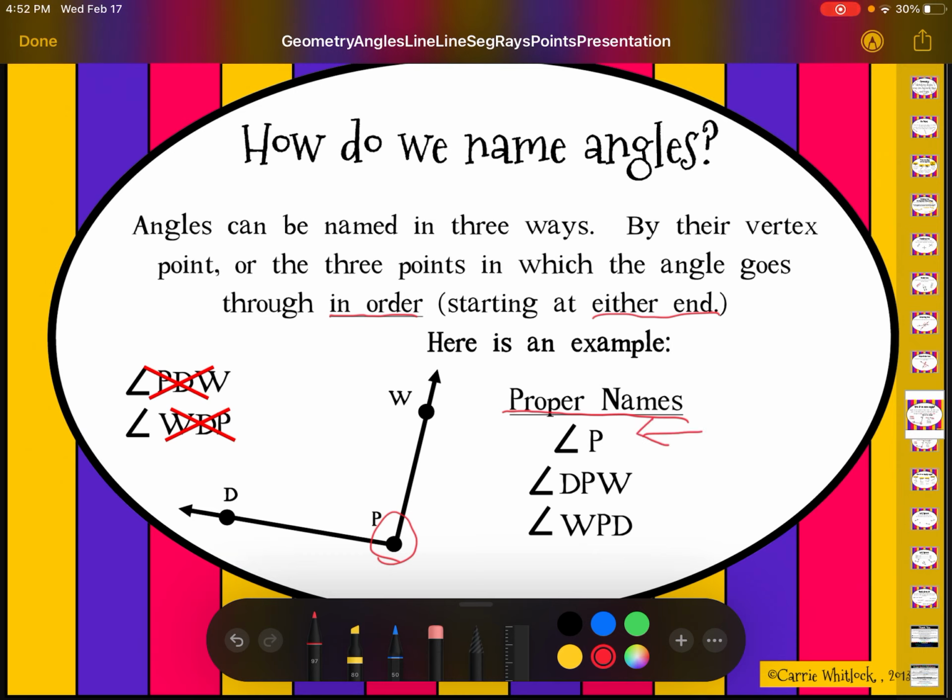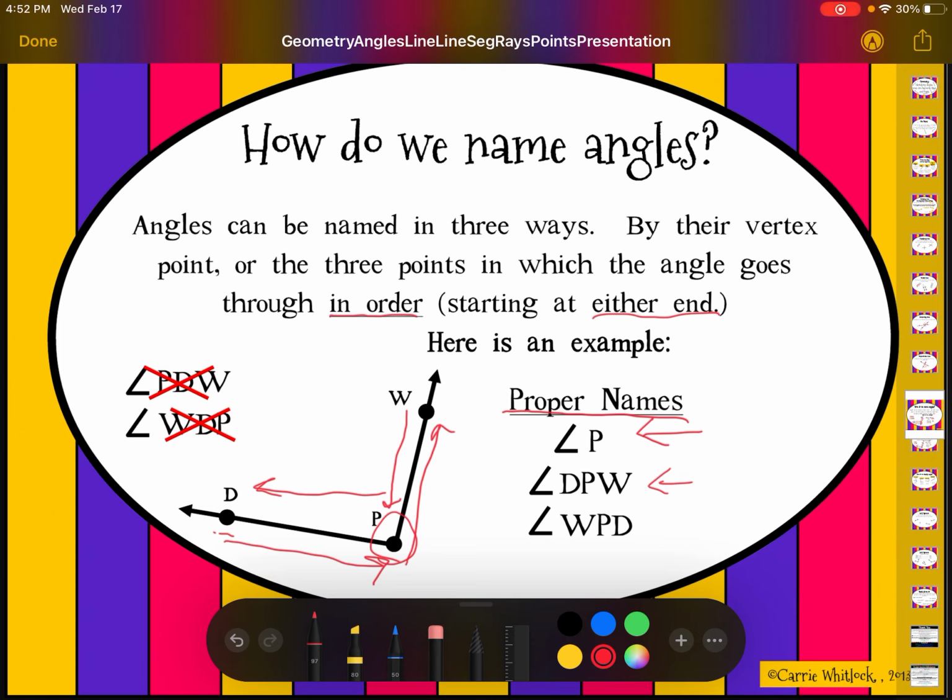We could also name it starting by its end points, the D, and then you move in to the vertex, P, and then up to the W. So we could also name that angle DPW. We could also start at the other point, point W, and go the other direction. So W to the vertex P, and then out to the D. So we could name that angle, angle WPD.